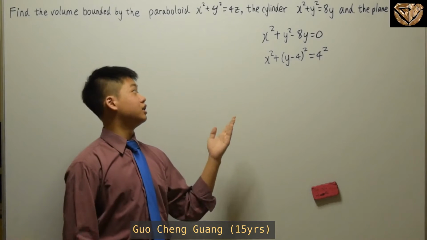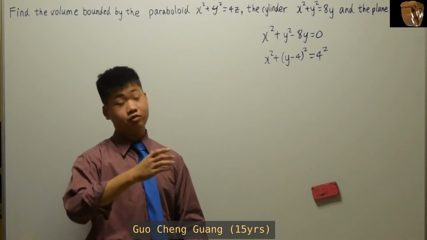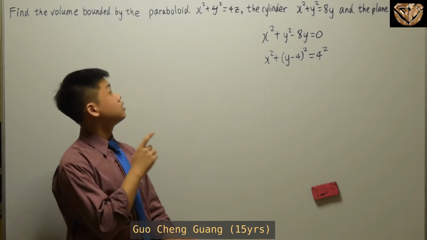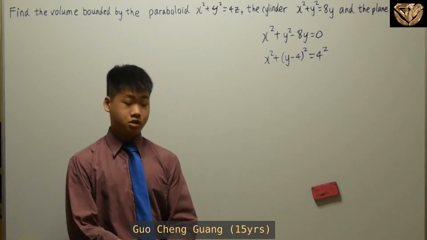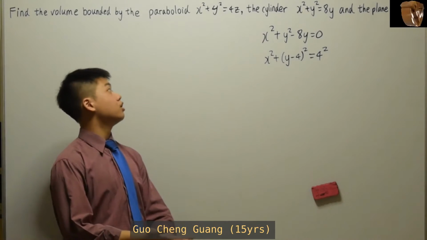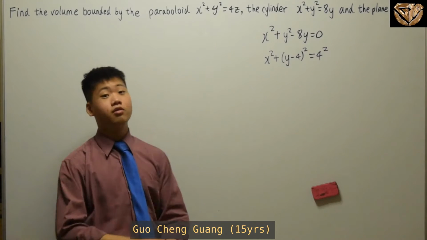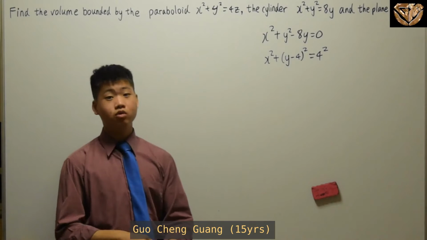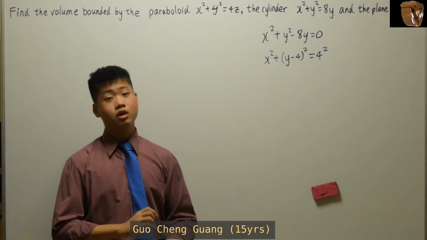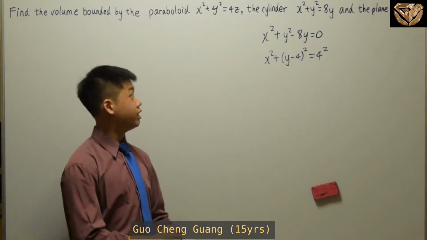Of course, it can't go to the cylinder since the cylinder is infinitely high. That means your z values will be from the xy plane, which is z is equal to 0, and it reaches the paraboloid, where you have the function x squared plus y squared is equal to 4z. That is pretty much your range for z.